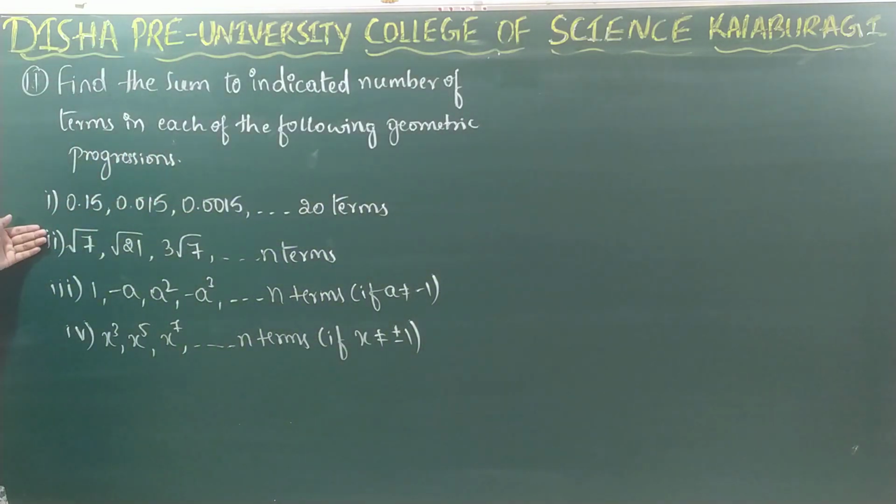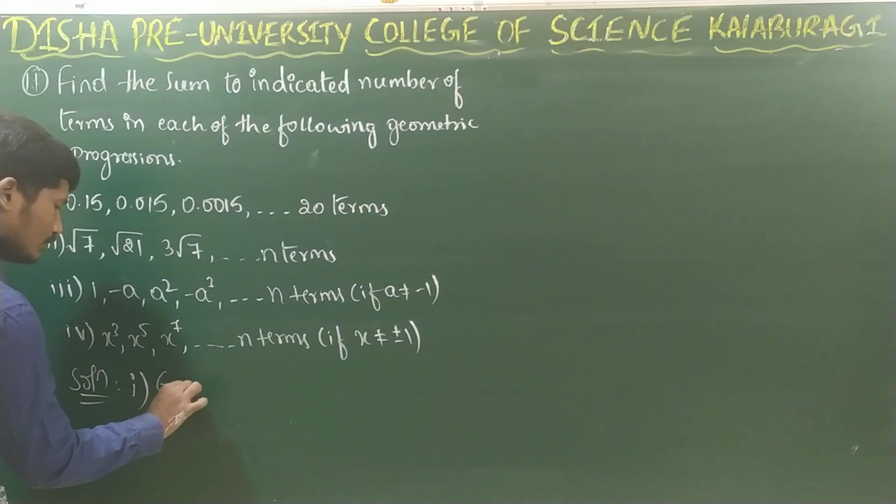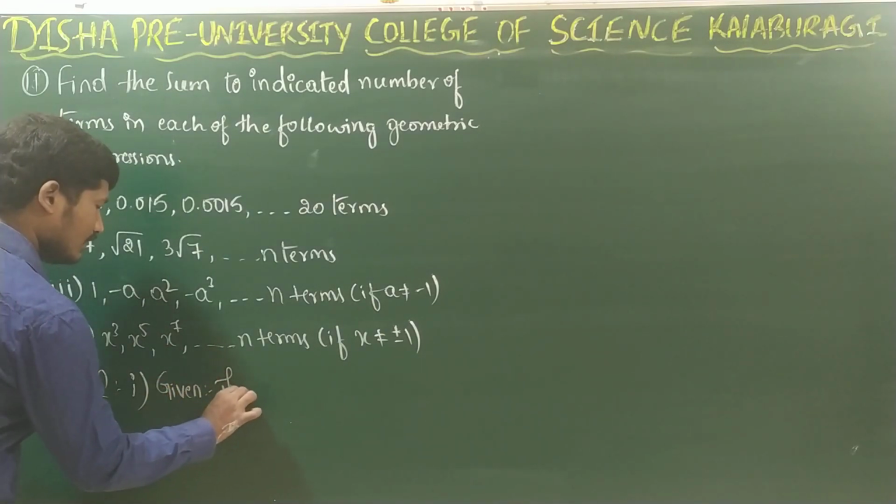So let us solve 2 problems. Other 2 will be for your home assignment. So see solution. First one. First we will write the given thing. So given. What is given?